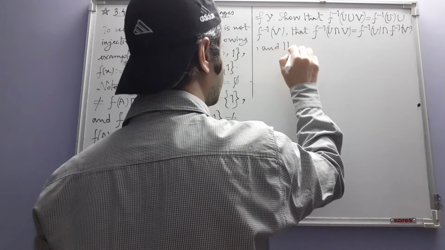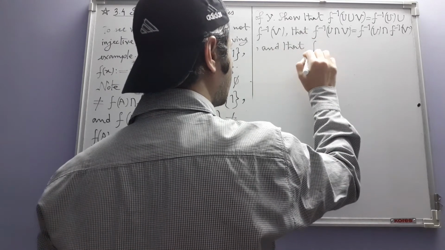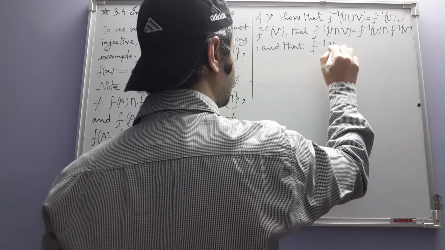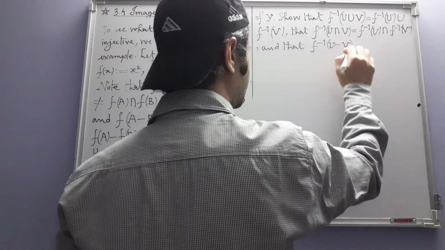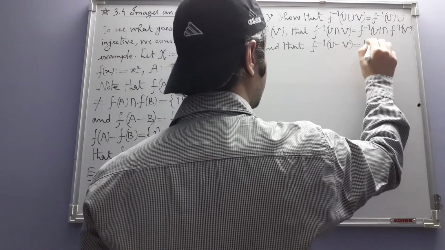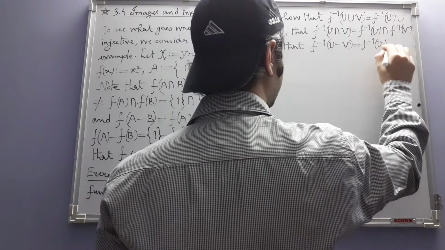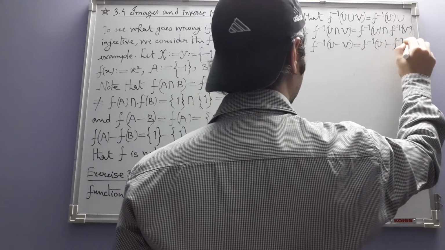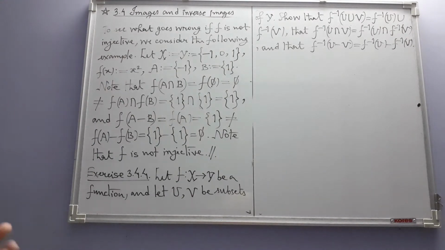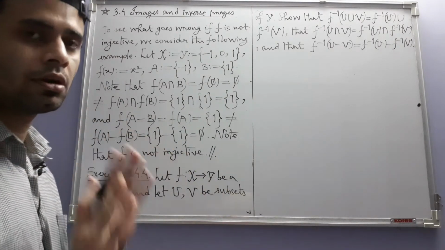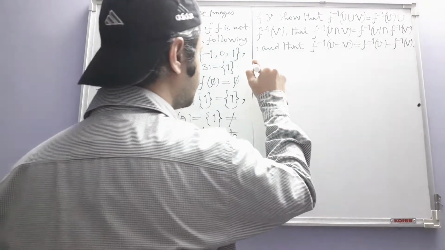And that f inverse of U minus V equals f inverse of U minus f inverse of V. Okay, so in this case there is no exception. For all of them we have equality.